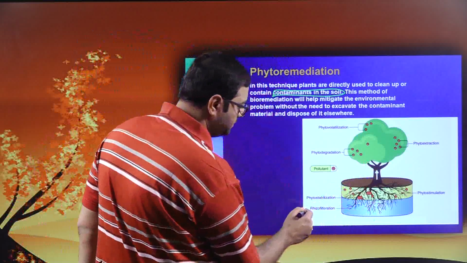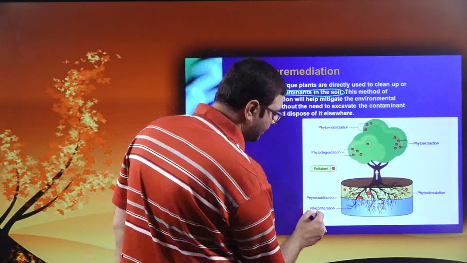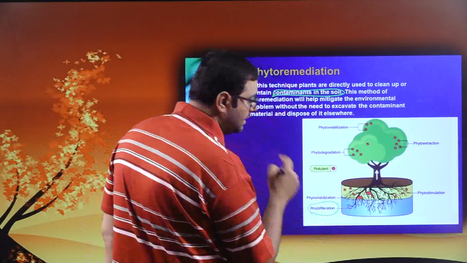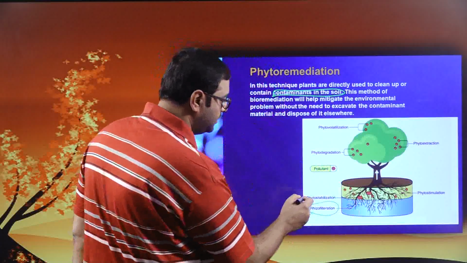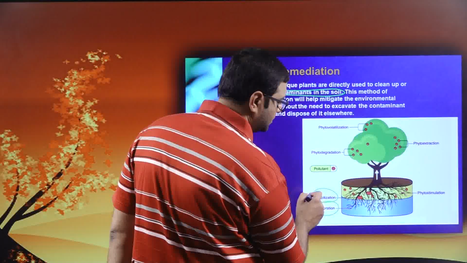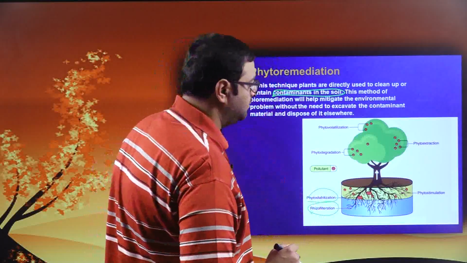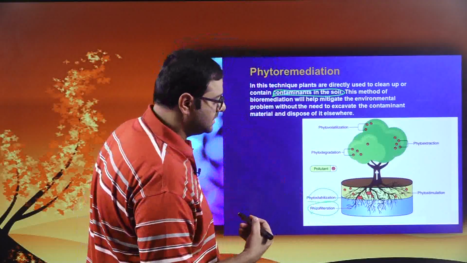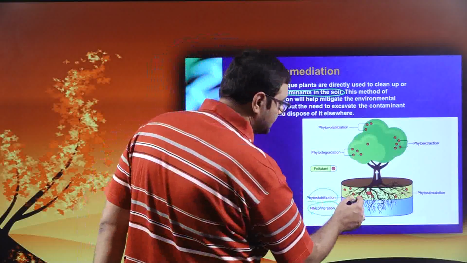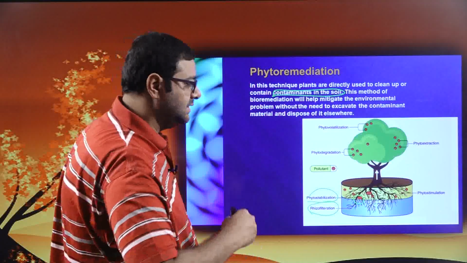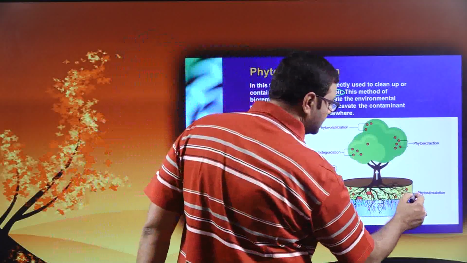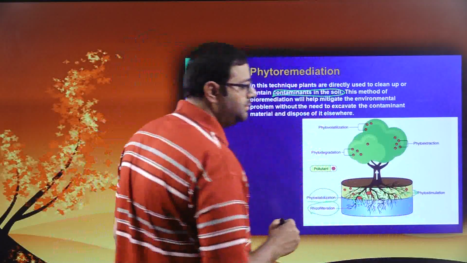Now you have rhizofiltration. So you have rhizobium bacteria here, which fix the atmospheric nitrogen. Then you have phytostabilization. Phytostabilization means the contaminants are neutralized and stabilized. Then you have phytostimulation.